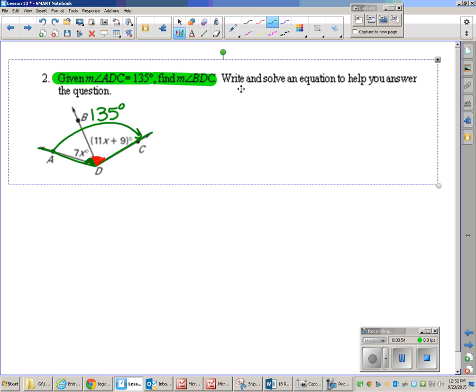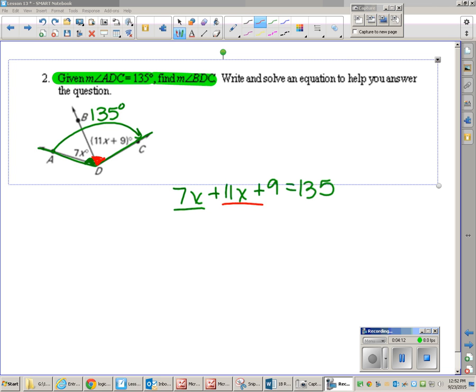And if the entire angle is equal to 135, then I can add 7x plus 11x plus 9 is equal to 135. So we're basically saying that this angle that I shaded in green plus the angle that I shaded in red is equal to the 135 degrees. So when I add these together, I'm actually solving the equation now.